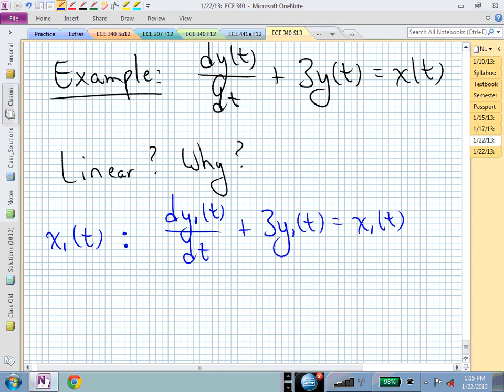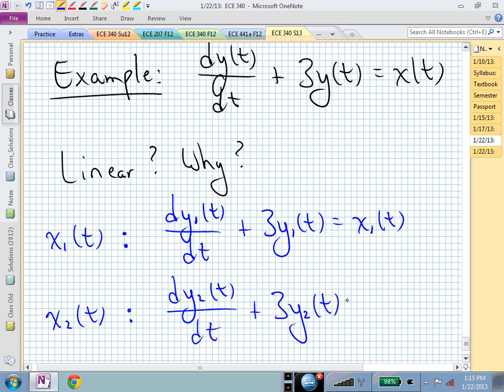What if I hit the system with x sub 2? Then I'm just going to introduce another output, y sub 2. That's just by definition.